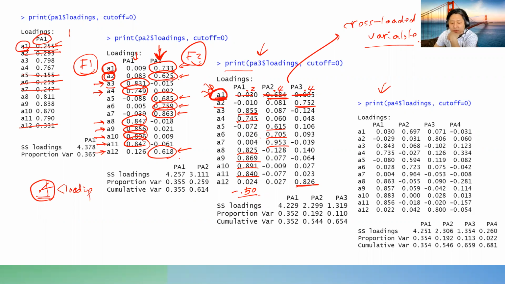So for example, let's say this is a negative 0.855. That means this item, this variable, is strongly loaded on the first factor, but the direction is opposite. So this item or variable has a reverse relationship with this factor. Okay. Does that make sense? Does that answer your question?